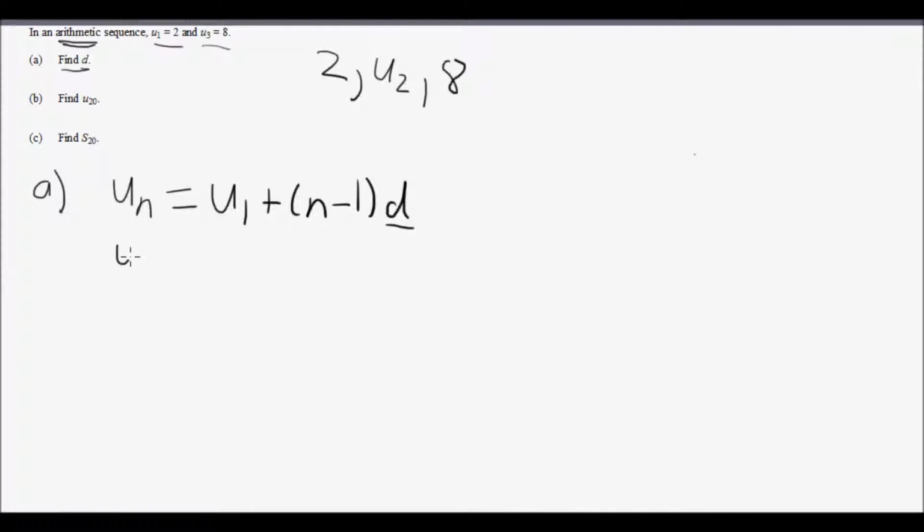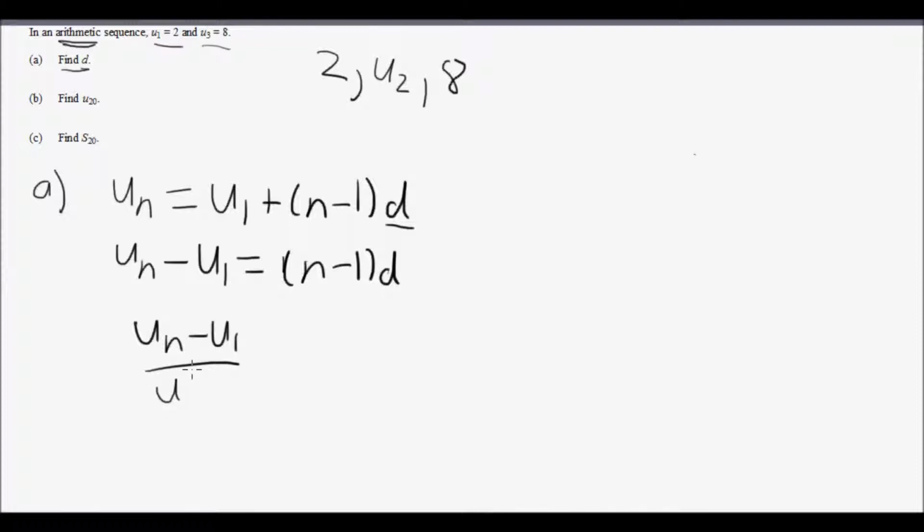So let's isolate d. u of n minus u of 1 is equal to n minus 1 times d. And then we'll divide n minus 1 on both sides to get u of n minus u of 1 over n minus 1 is equal to d.